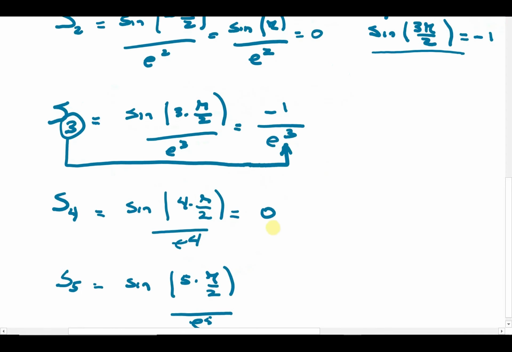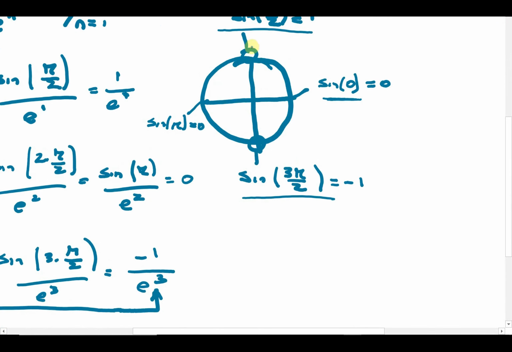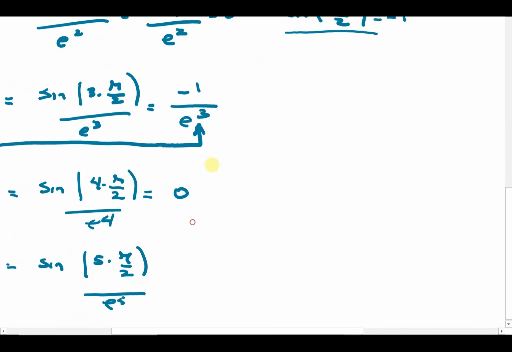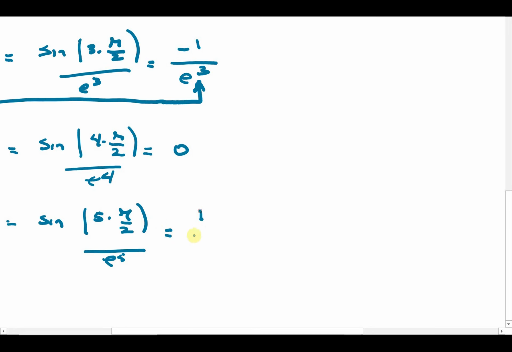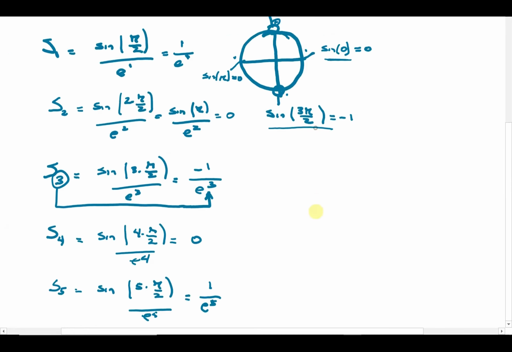For 5 pi over 2, this is 1 pi over 2 right here, this is 2 pi over 2, here's 3 pi over 2, here's 4 pi over 2, and 5 pi over 2, we're back to where we started at 1. So again this is oscillation. Okay, so we have those 5 terms.